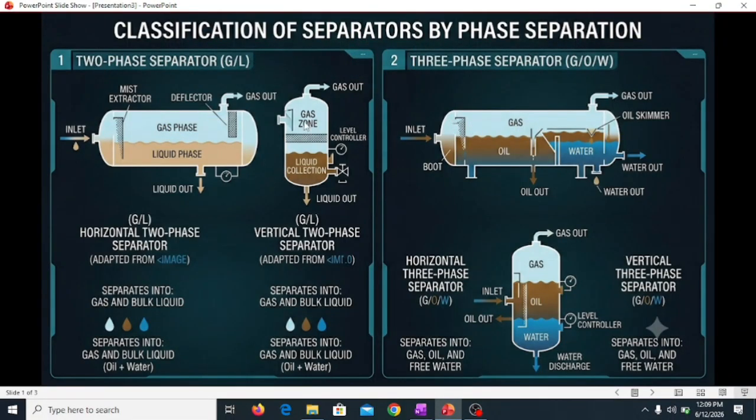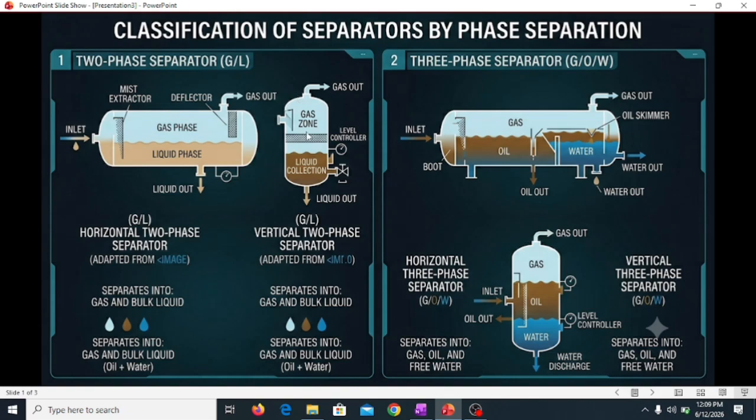As you can see here, the gas zone is where the gas is easily released out of the separator. So our two-phase separator is usually a vertical separator, with a gas zone and a liquid collection zone. When you see a vertical separator in the oil and gas industry, what should come to your mind is a two-phase separator.